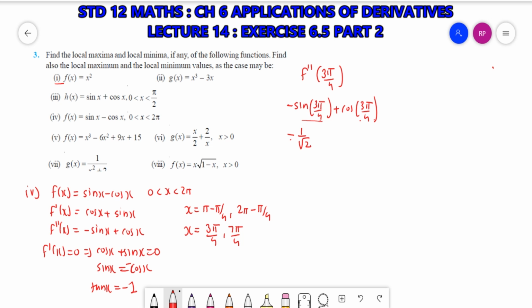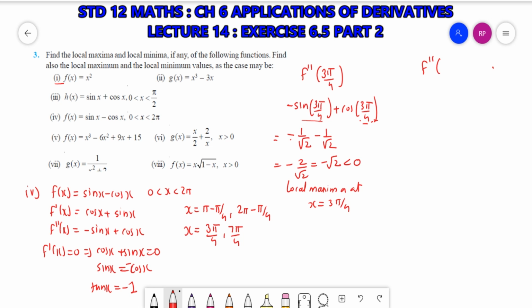Cos 3 pi by 4 is again 1 by root 2, but it is in the second quadrant, so minus 1 by root 2. So this will be equal to minus 2 by root 2, so minus root 2, less than 0. Therefore, local maxima at x equal to 3 pi by 4.